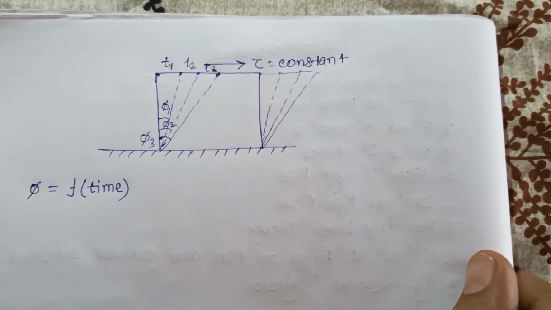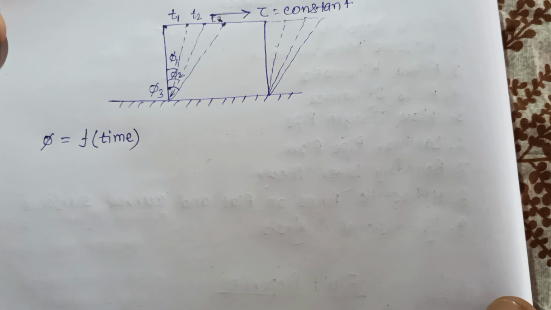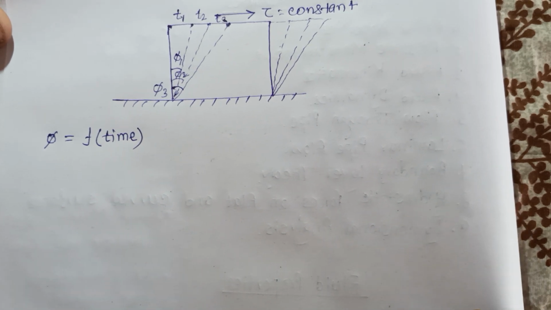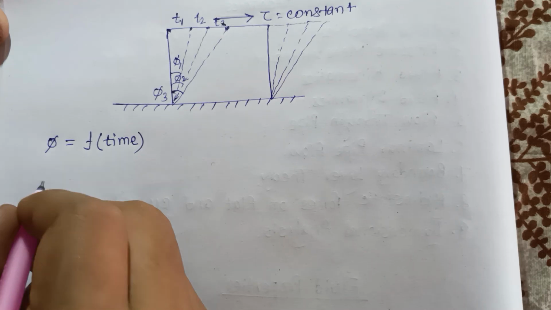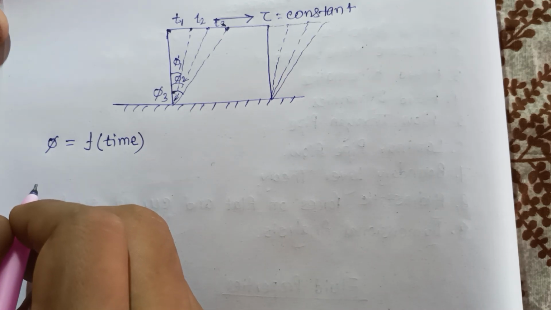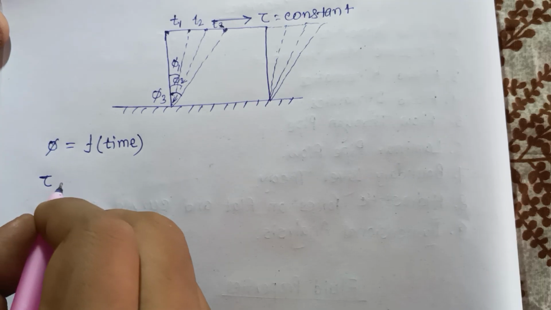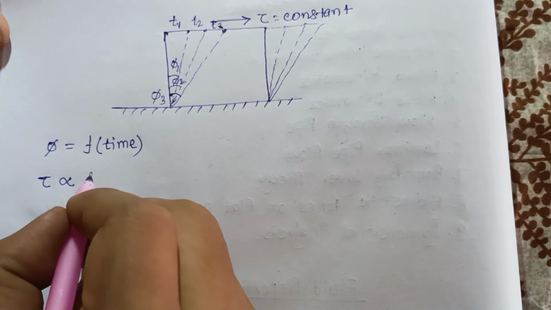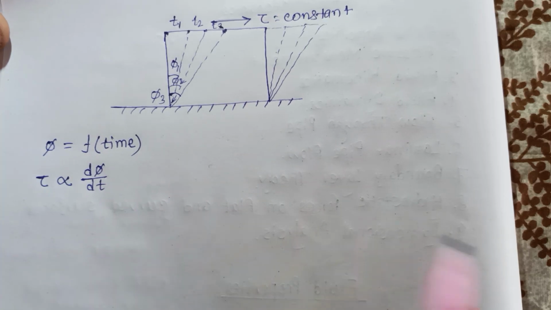Very very important. So from here Newton's law of viscosity comes into the picture. Newton says that tau is proportional to d phi upon dt.